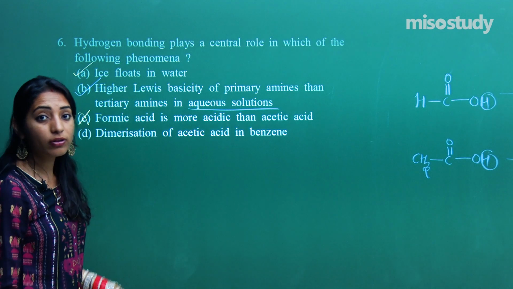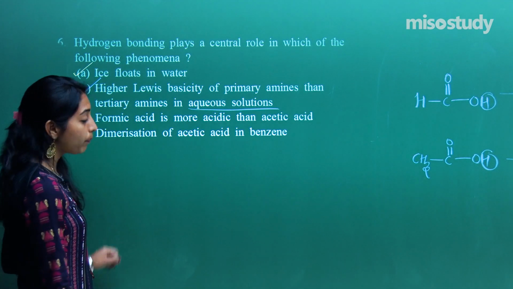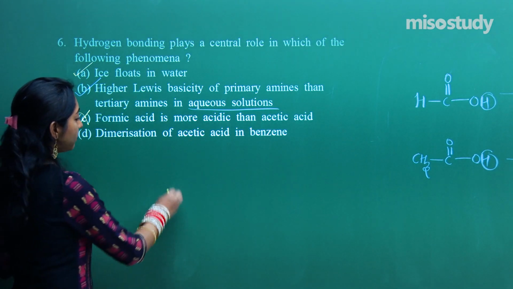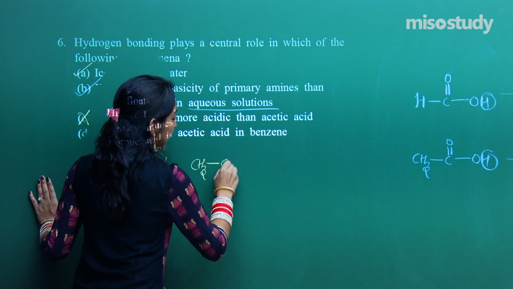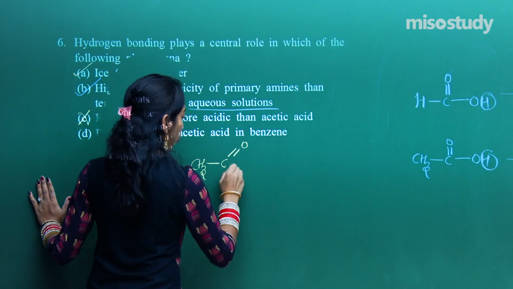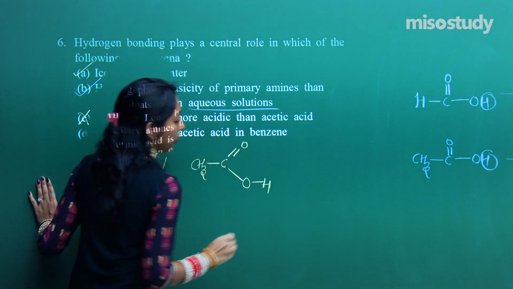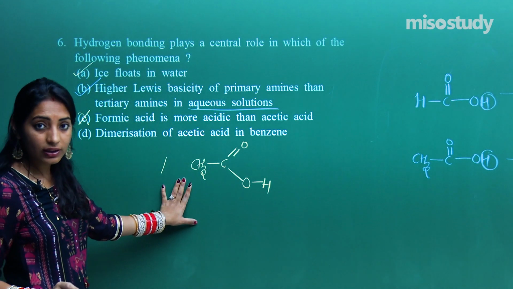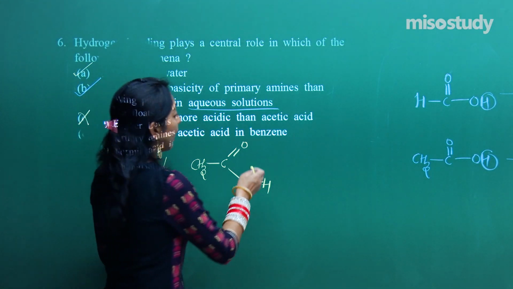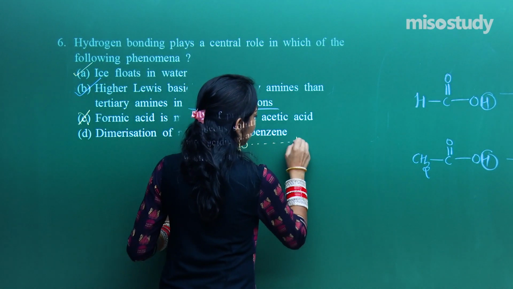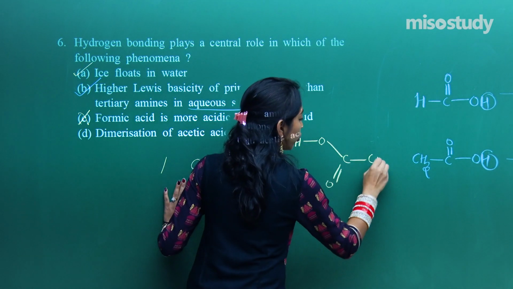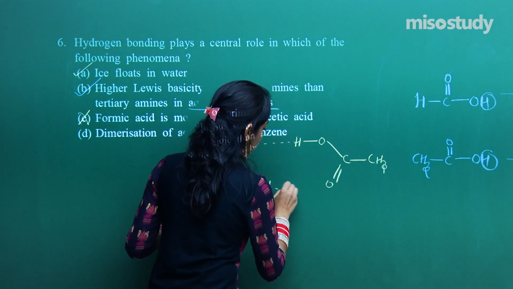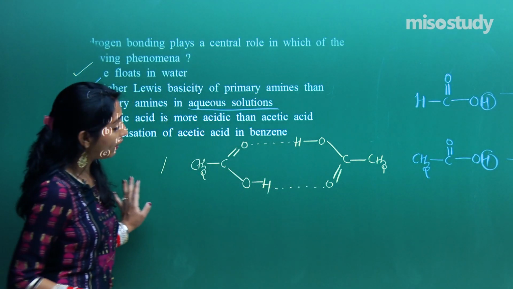So, when I talk about the dimerization of acetic acid in benzene, so we have CH3COOH. You know, this is acetic acid, and when you put it in benzene, another molecule of acetic acid can come so close to the first molecule that they will undergo dimerization.